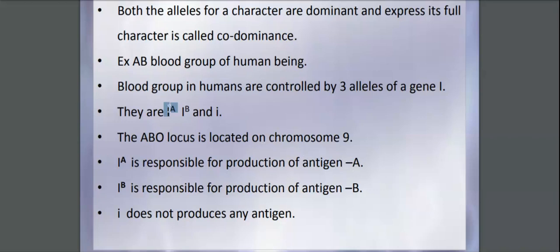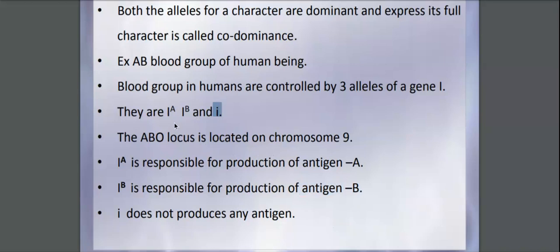If the person, however, has the IB allele of the gene I, then that person's red blood cell surface will have the B antigen. But people who have the recessive allele small i will not produce any antigen.